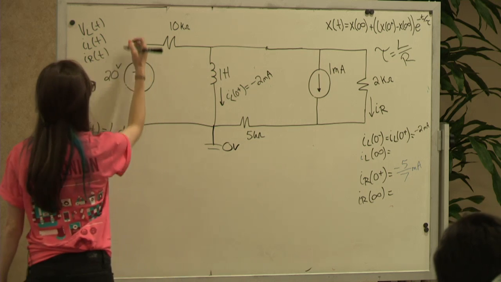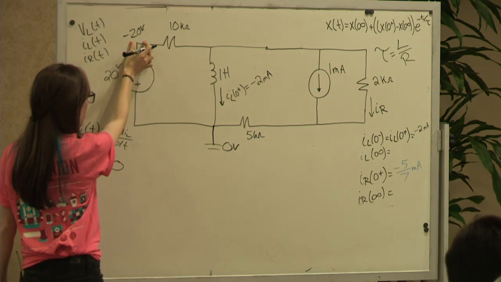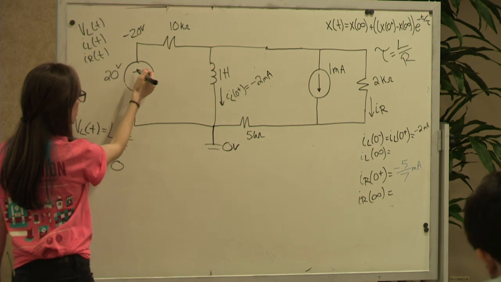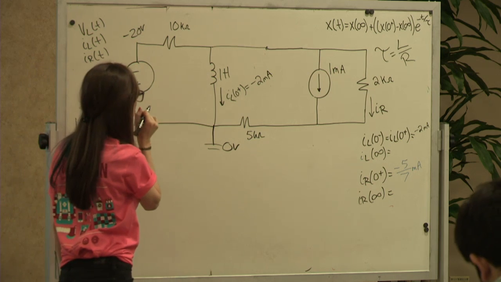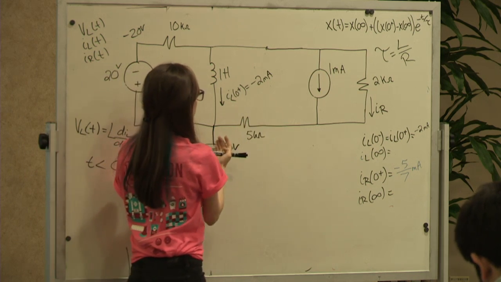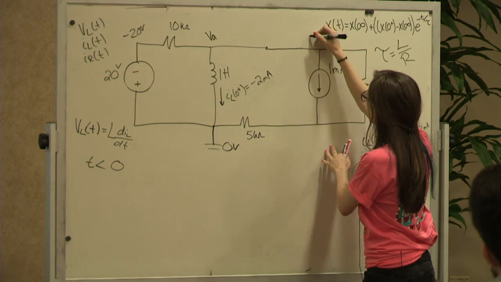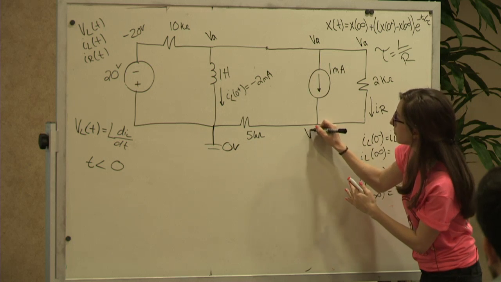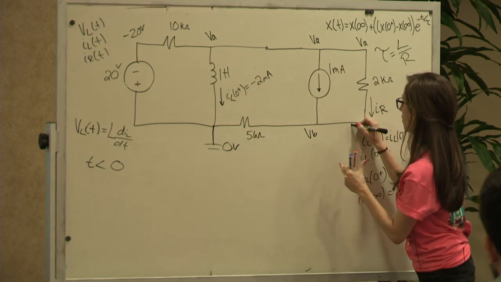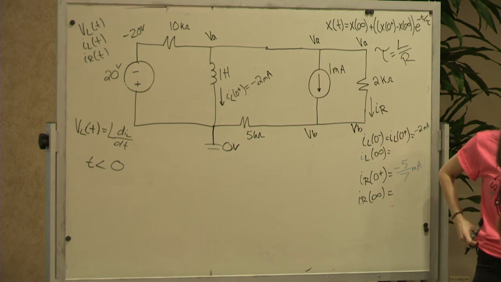If I grounded it here, I know this is negative 20, because the node minus 0 entering the negative equals negative 20. So the node equals negative 20. And then this is ground, and we'd get VA and VB, because of this resistor. So it's actually unavoidable. You're going to get at least 2 unknowns.